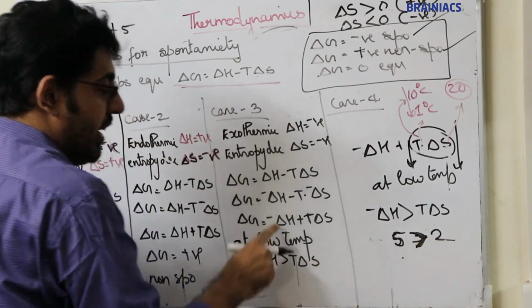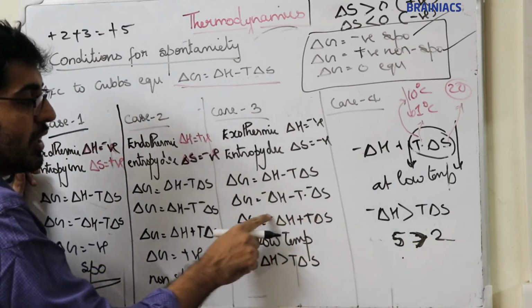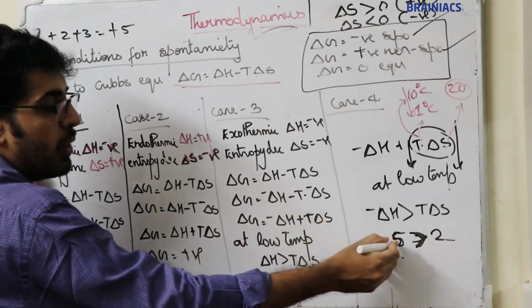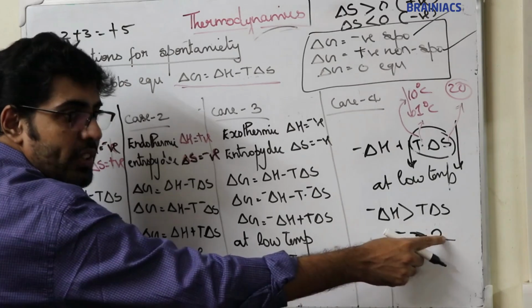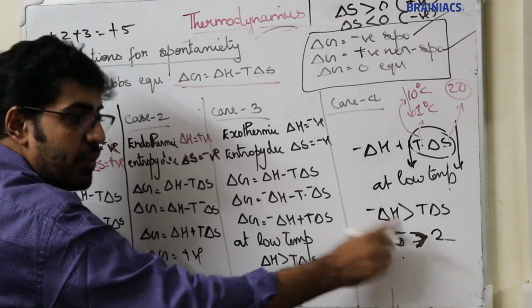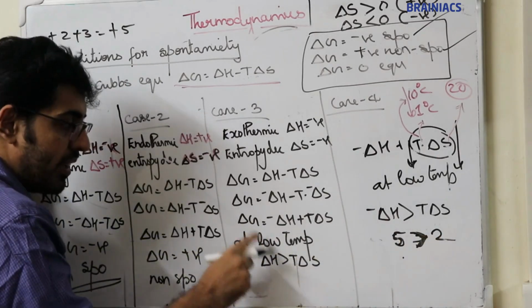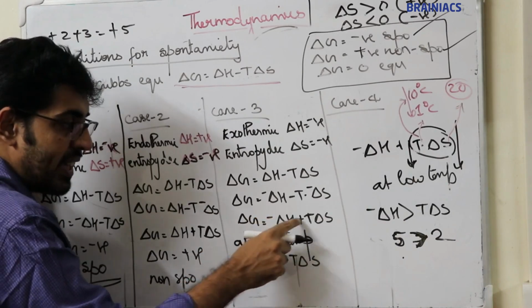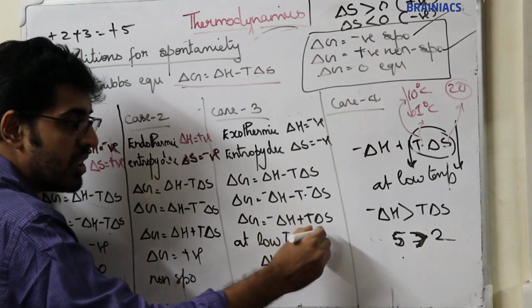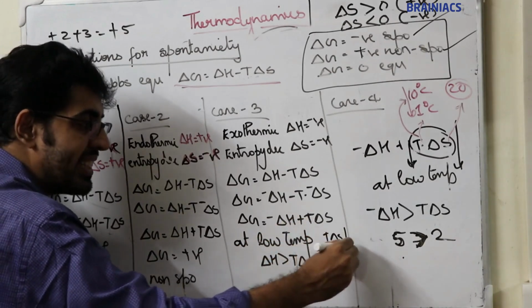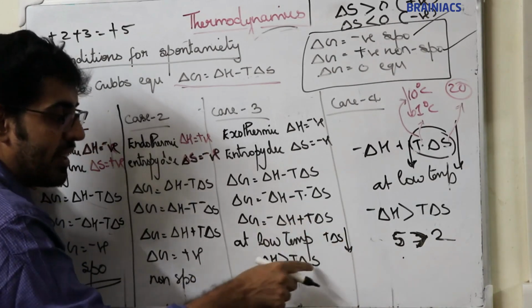So here minus delta H plus T delta S, let delta H be 5 and T delta S be 2. So 5 is greater than 2, right? 5 is greater than 2 or 2 is less than 5. So same way here, minus delta H plus T delta S at low temperature, this T delta S value decreases. So delta H will be greater than T delta S.